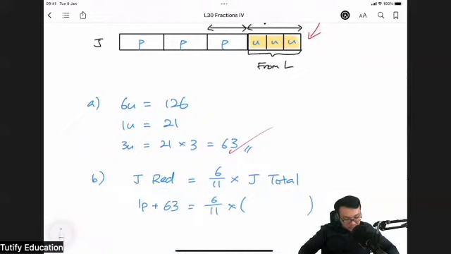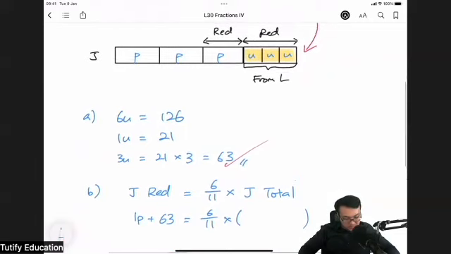So what is the total number of marbles that Janice has? You look at the model. How many parts and how many units total, Janice? 3 parts and 3 units. This 3 units, can I change it into a number? Yes, 63.